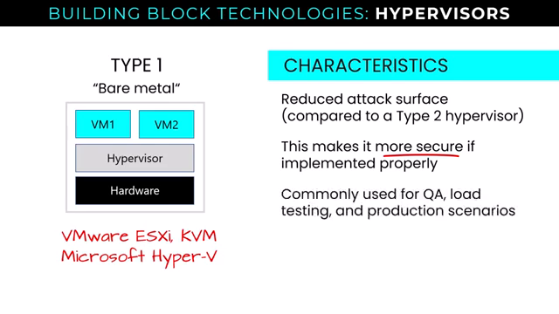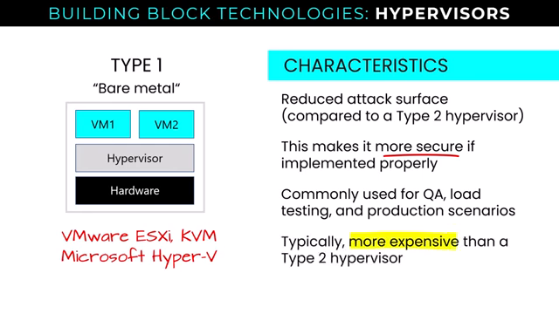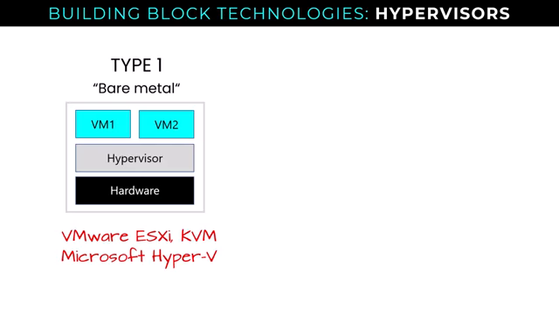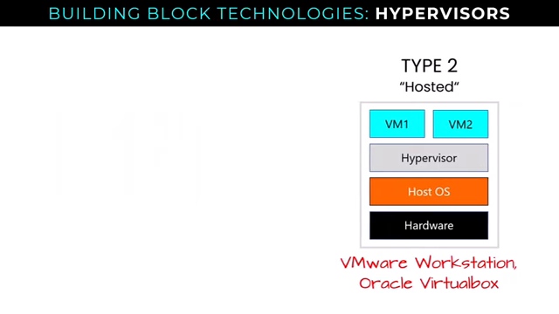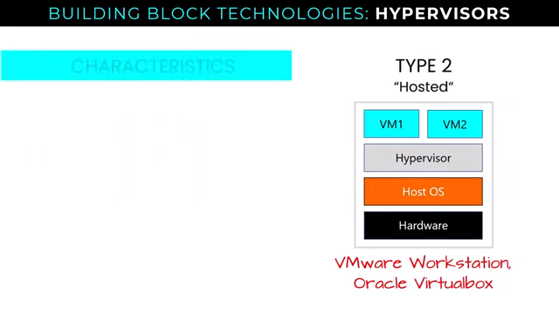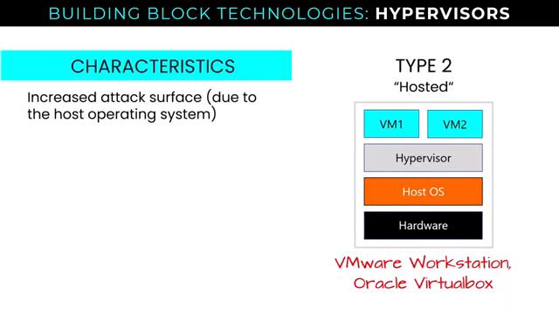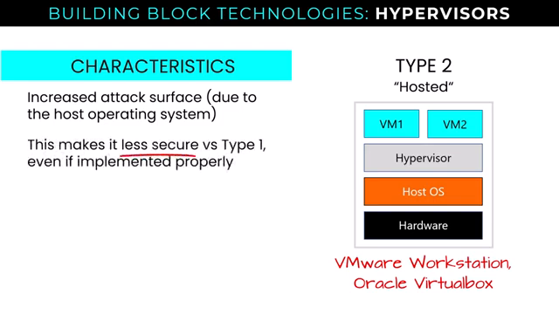We see Type 1 hypervisors typically implemented for QA, load testing, and production scenarios, and the Type 1 hypervisor is typically more expensive than a Type 2 hypervisor. Now switching gears to the Type 2 hypervisor, the characteristics here vary just a bit. We have the increased attack surface due to the host operating system, and this makes it slightly less secure versus Type 1 even if implemented properly.